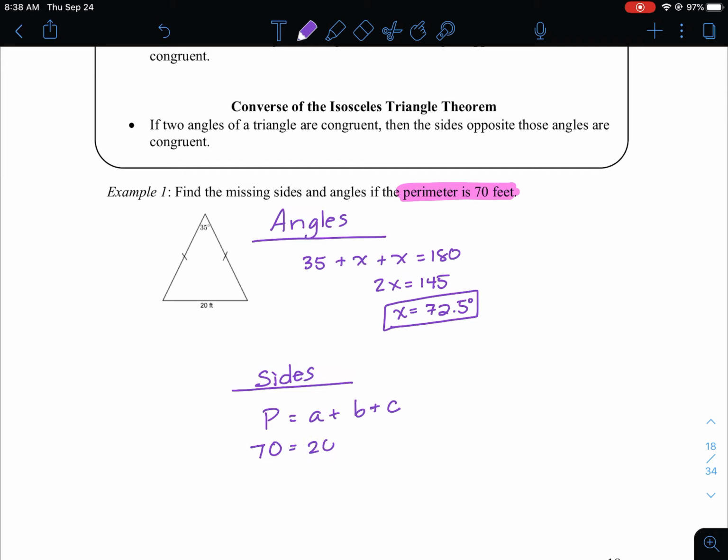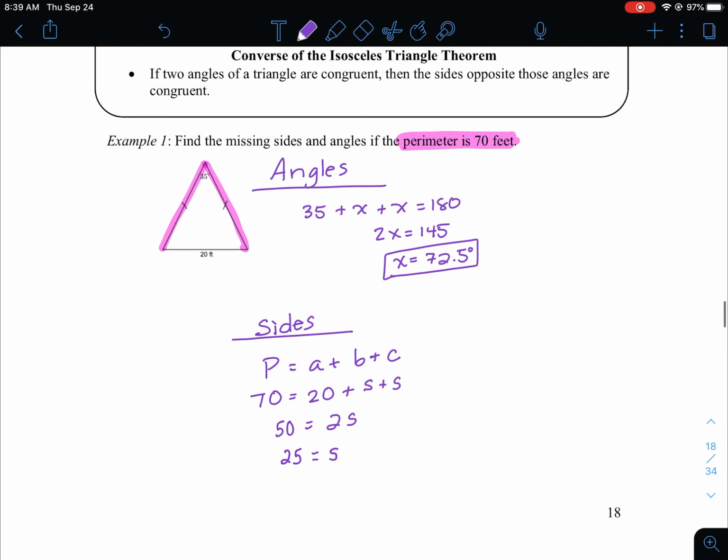They told me one of the sides is 20, but I don't know B and C. Again, we can't forget, it's isosceles, which means both of those sides are the same. So I'm going to call them each S, so S plus S. If I subtract 20 from both sides, I get 50 equals 2S. Divide both sides by 2, and we get S is 25.